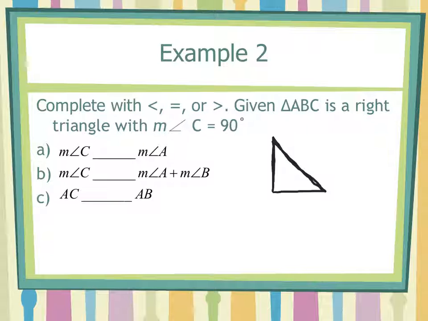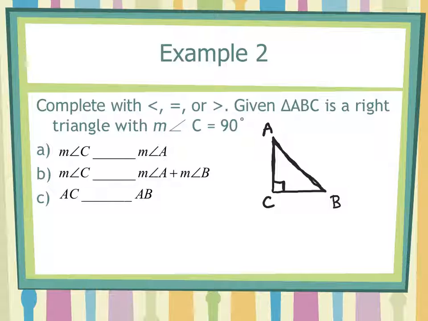I may not be. Here's angle C. It is a right angle. Now, I'm just going to put A up here and B over here. They may be in the opposite positions. I don't know that. But this is what we said. It's a right triangle with C as 90 degrees. Okay, so this is a right triangle. Angle A and angle B have to add up to C. Okay, but what about the first one?